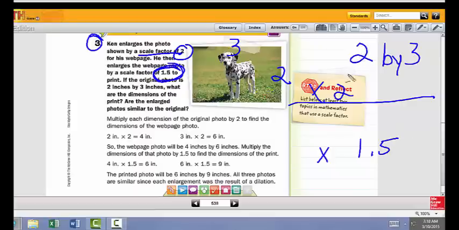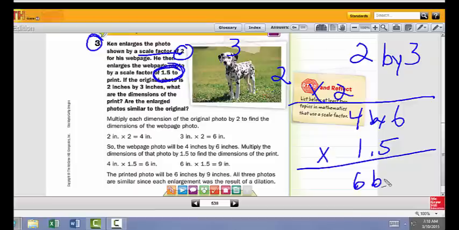So if I go 2 times 2, I get 4. 3 times 2 is 6. So now I have a 4 by 6, and now I can do the same multiplication. I can multiply 4 times 1 1/2. Well, 4 times 1 is 4, plus half of 4 is 2 more, so that's 6. So I'm going to have a 6 by, 6 times 1 is 6, and half of 6 is 3.